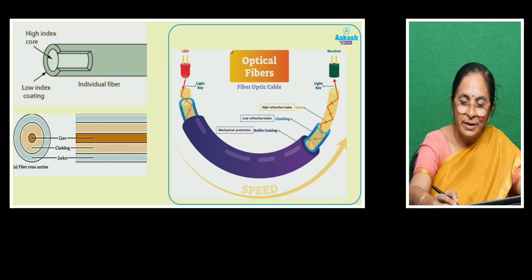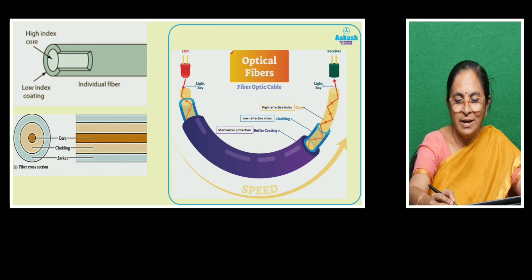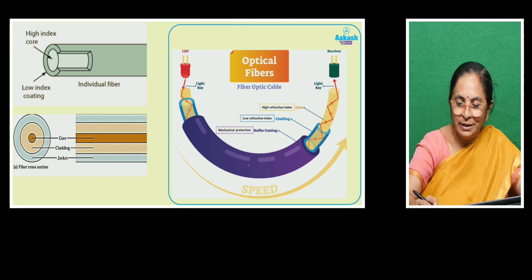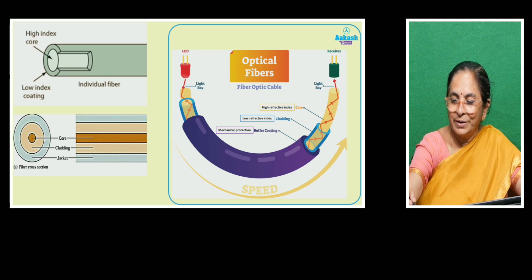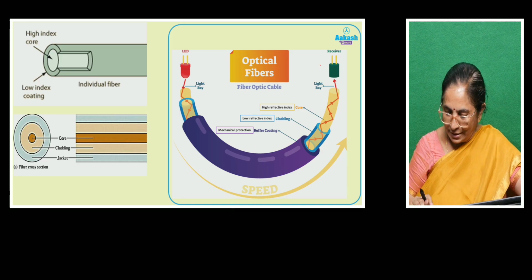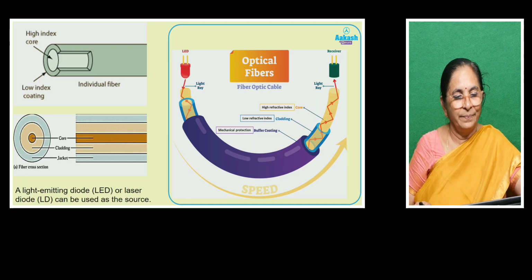As the refractive index of the core is more than the refractive index of the cladding, the light ray undergoes total internal reflection multiple times along the optical fiber, and it comes out with the help of the receiver. We can receive and retrieve the data.